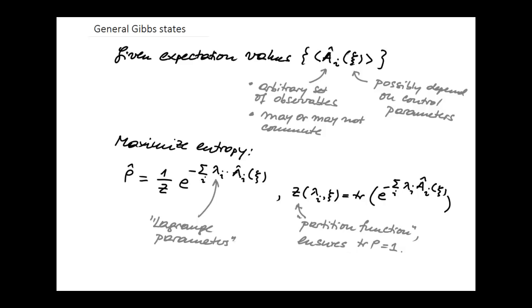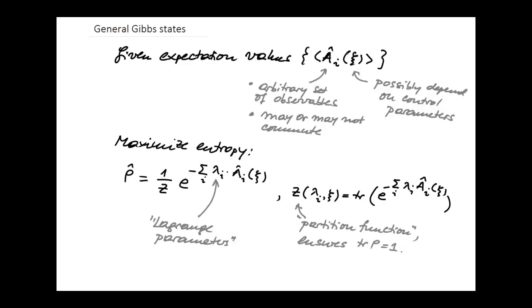The reason for this terminology is that you can derive this form for the density matrix. When you seek the density matrix that maximizes the entropy under given constraints, this is an example of a variational problem. It's an extremization problem under given constraints.